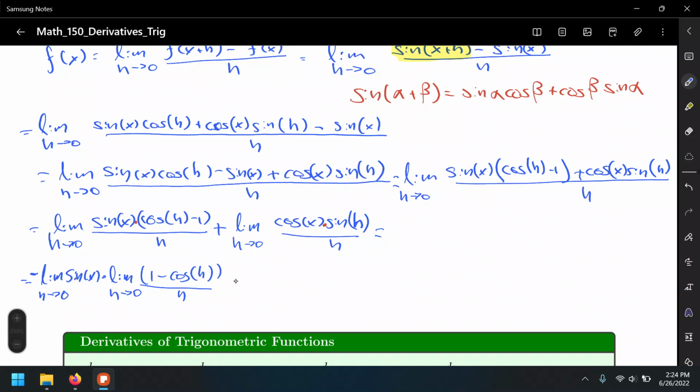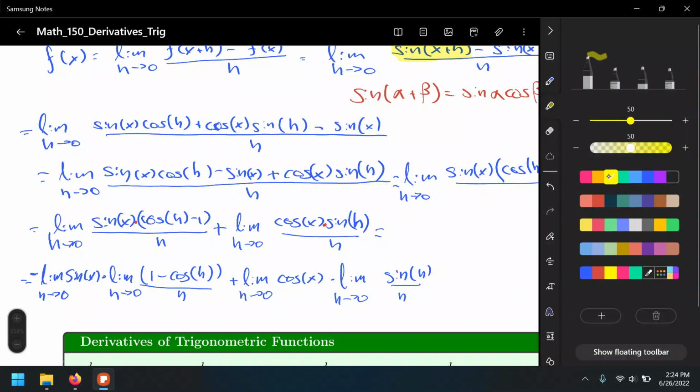And then over here I'm going to split the multiplication as well, plus limit h approaches 0 of cosine x times the limit h approaches 0 of sine h over h. Alright, so let's recall what these special limits were.